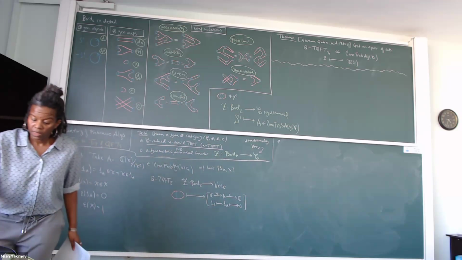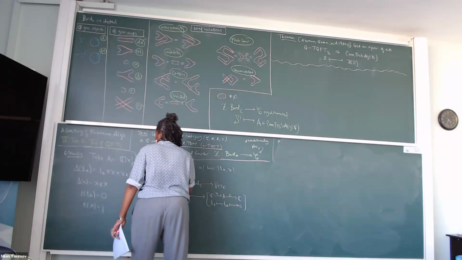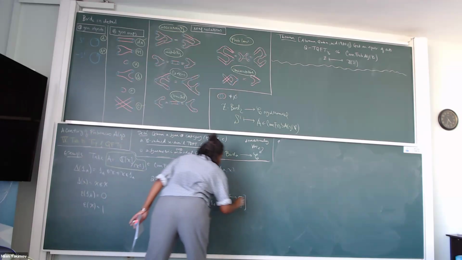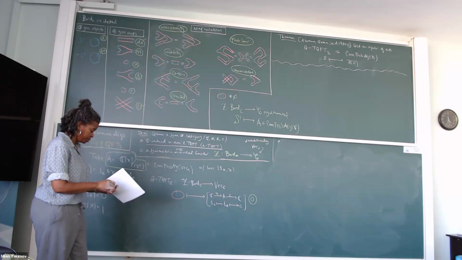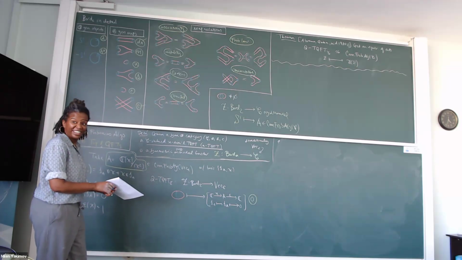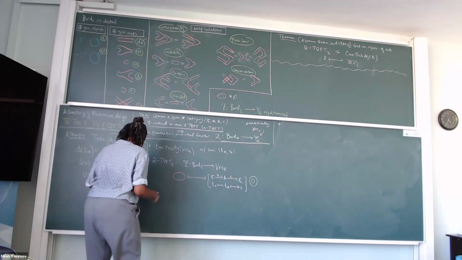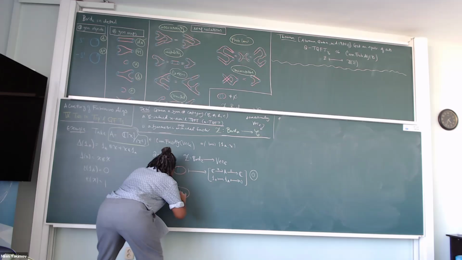So this all, at least using this Frobenius algebra here, is sent to the scalar 0. You're right with me? All right, let's do another one. Let's do this shape here.